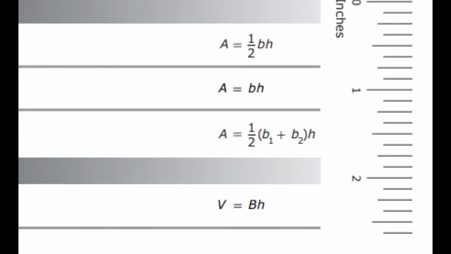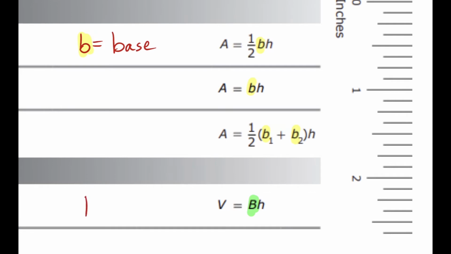So let's look at our MVP here for just a moment. A couple of things that I want to point out. I do have a base in my formula. B stands for base. Do not confuse this with this one. Capital B is not the same thing as lowercase b.